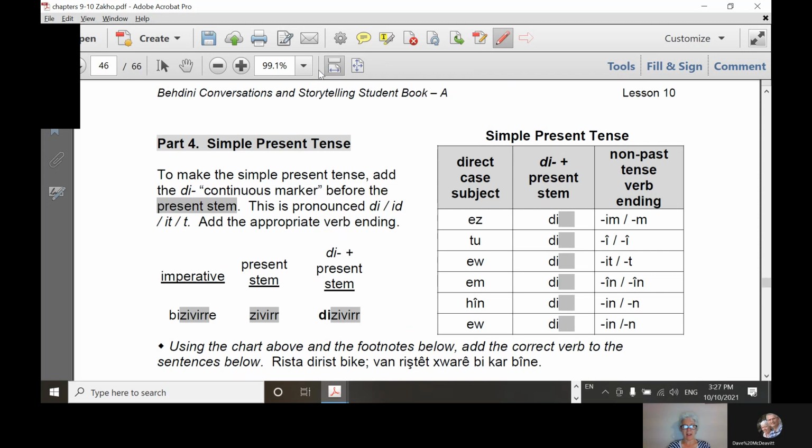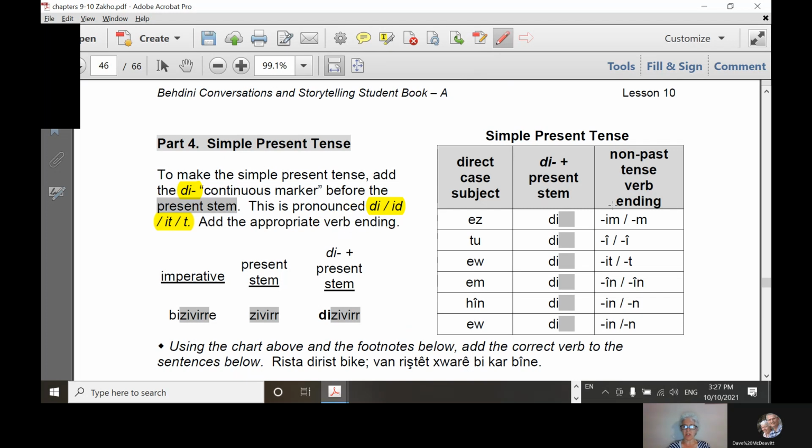This DI marker is pronounced d, id, it, or t, depending on the verb, depending on the speaker. And then after you do that, you add the verb ending.